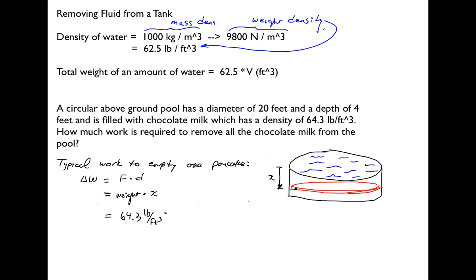Right, it's the volume of the cylinder. That pancake is essentially a cylinder, and the volume of that cylinder is pi r squared h. What is r? Pi 10 squared times, and what's h? Delta x. So weight density times volume gives us the weight of that slice.